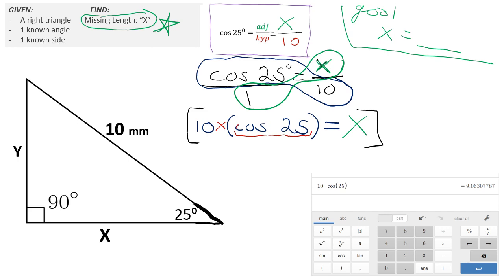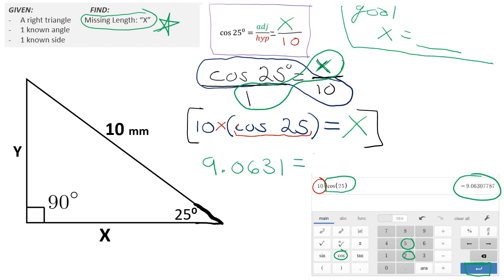So what I did is I plugged in here just a 10, times, and then I'm going to plug in cos 25, enter, and that is going to give us that answer right there, which is 9.0631.